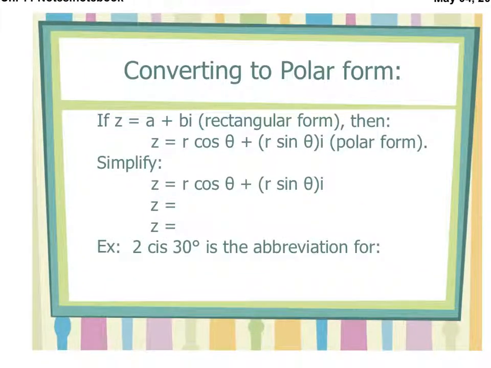All right, we're going to take a peek at how we convert these. Again, I'm not even going to go through the derivation because it's so similar. Because we're thinking of the real component like x, that becomes r cosine theta, and the y is like r sine theta.